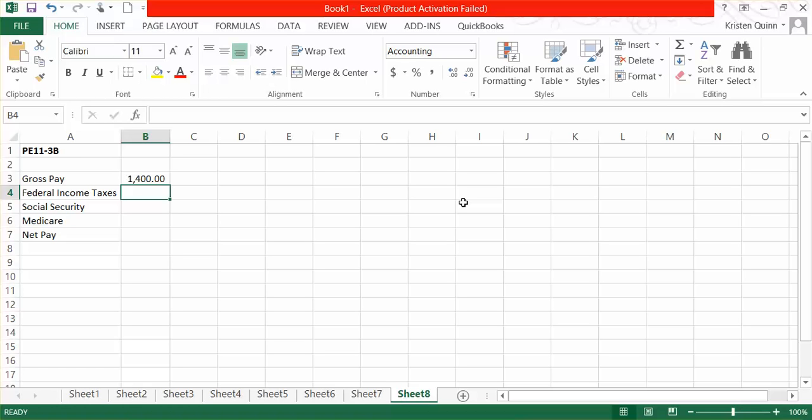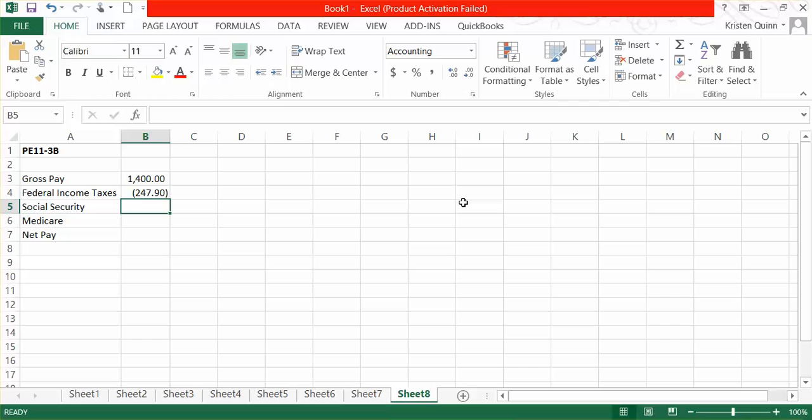Social Security is 6% of all gross earnings for that pay period. So we would take our total gross earnings of $1,400 and multiply it by 6%. Meaning that we would take out of Todd's paycheck $84 for Social Security tax.